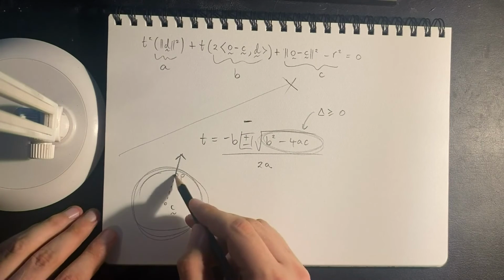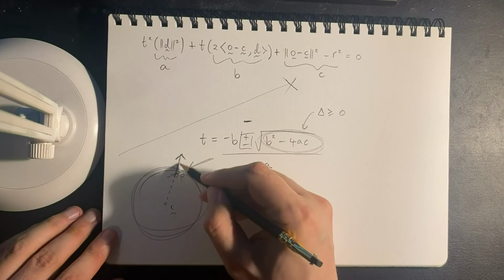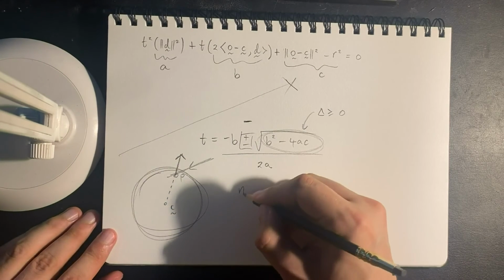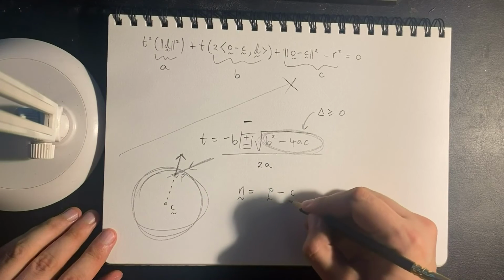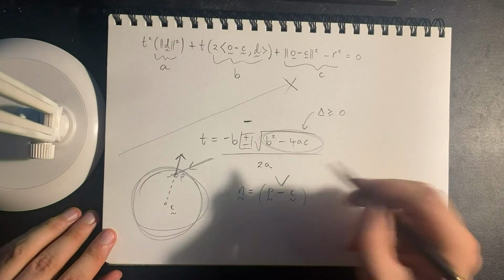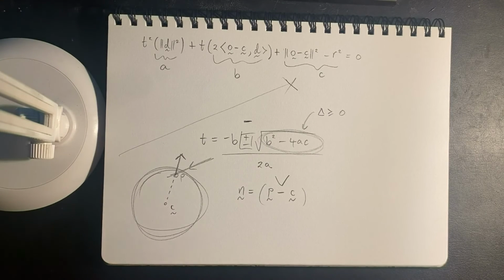My ray's coming in here, there's my incoming ray, I hit there, and I can also calculate the surface normal. So we'll say the normal is, if I go point minus the sphere's center and normalize that, then that is my surface normal as well. So that has definitely been too much talking.